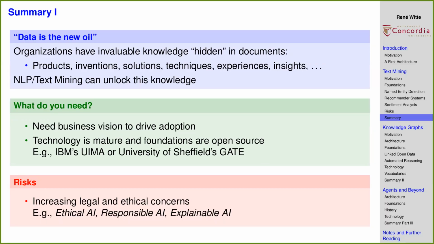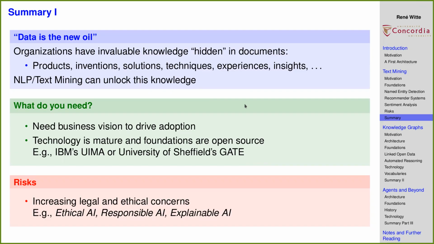Think about all the product descriptions, inventions, technical solutions, techniques, experiences of the workforce, insights, and so on. And this is way more information than a human could possibly analyze. So AI techniques, intelligent systems, in this case, NLP and text mining, can help individuals and organizations to unlock all of this knowledge that is already there.